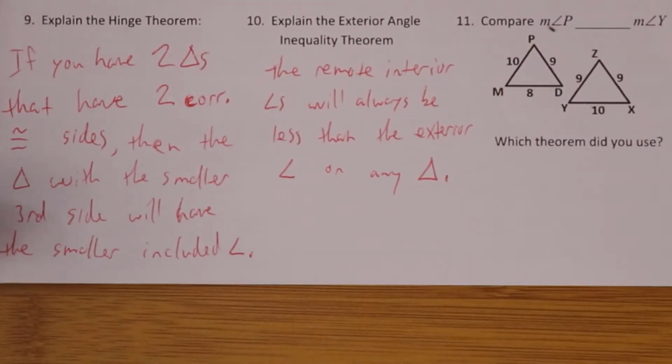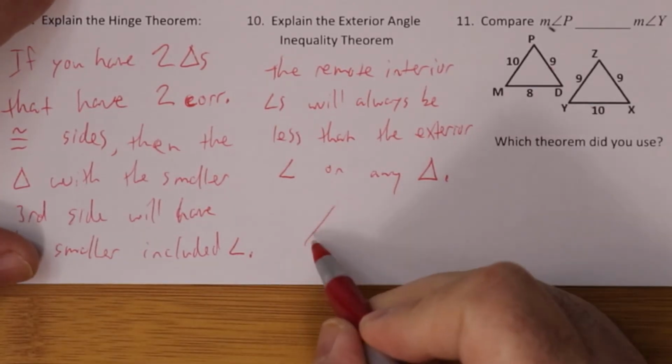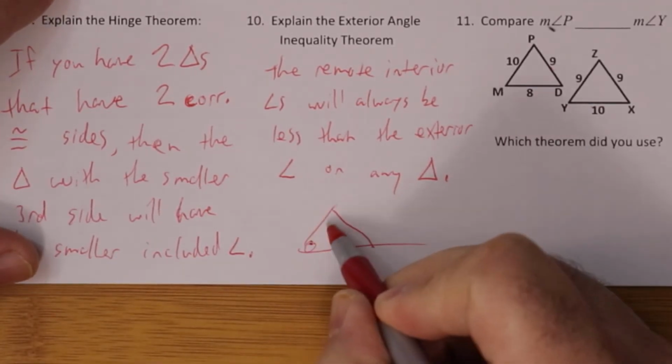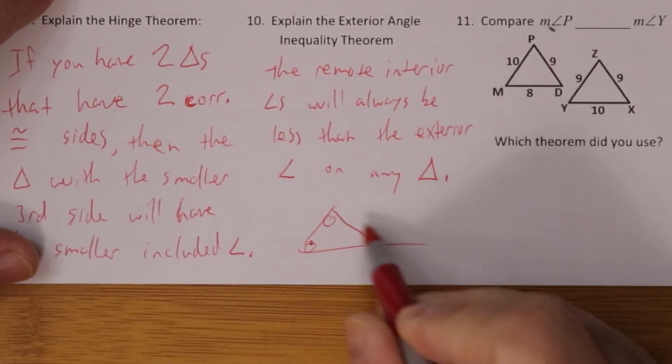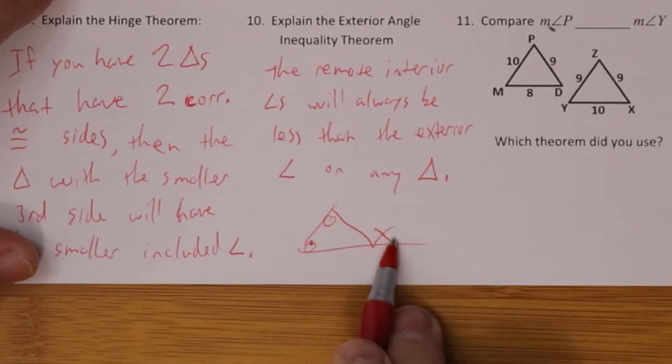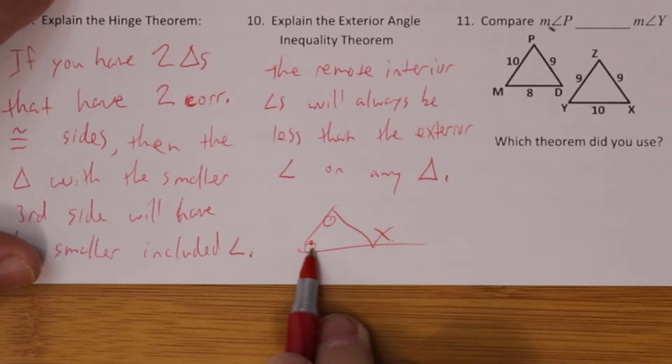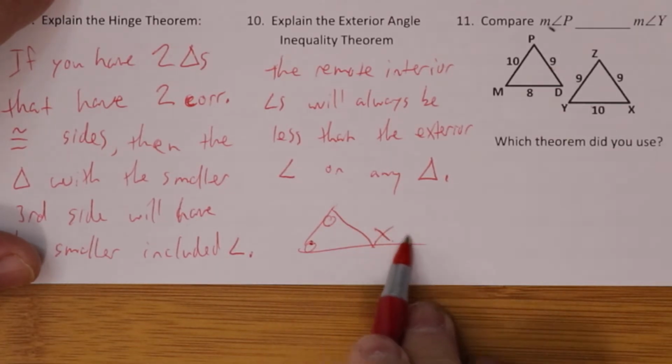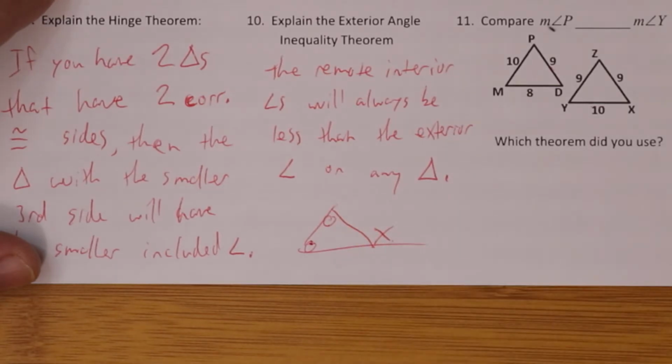And like I said, you don't have to use my words, but it's that idea that these two interior angles, the remote ones that are from over here, these are always going to be less than what's on the outside. So the remote interior angles, either one of these angles over here, are always going to be less than whatever you have out here on this exterior angle for any triangle.